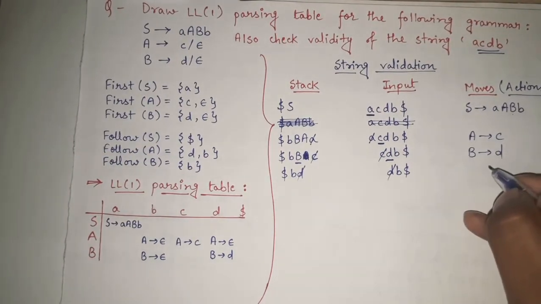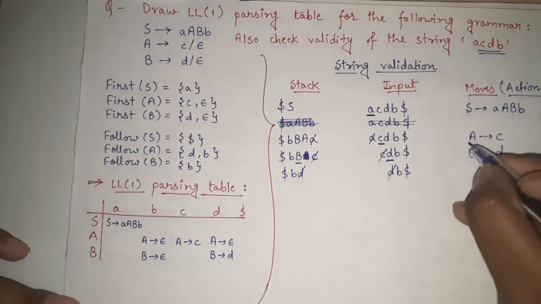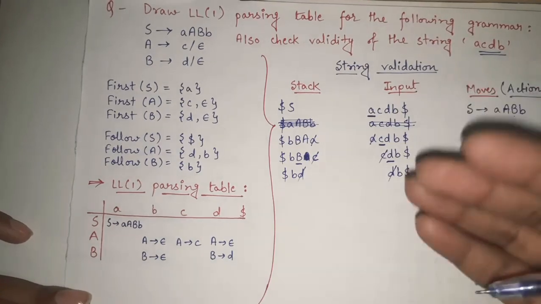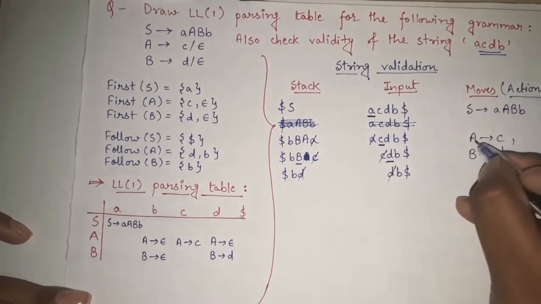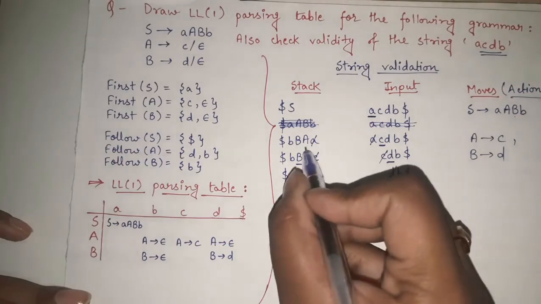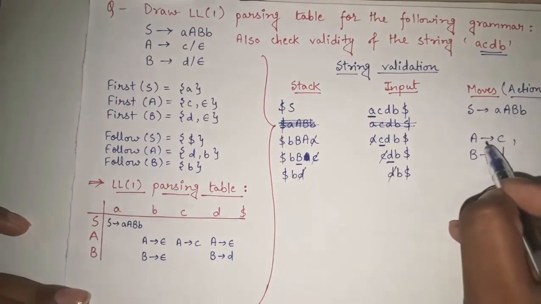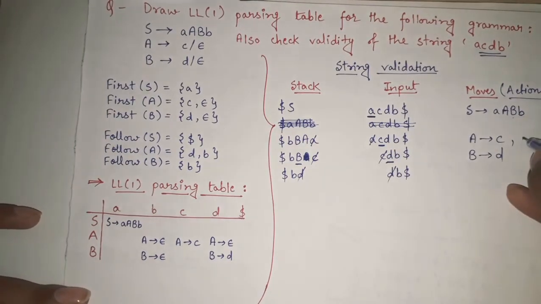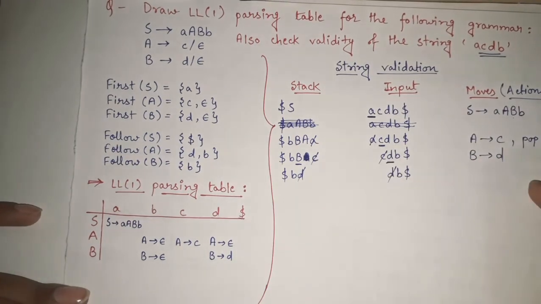Fine. What you can do is, here we have merged two steps. You can make them separate steps also. In this step we have replaced A with c, as well as popped out small a.